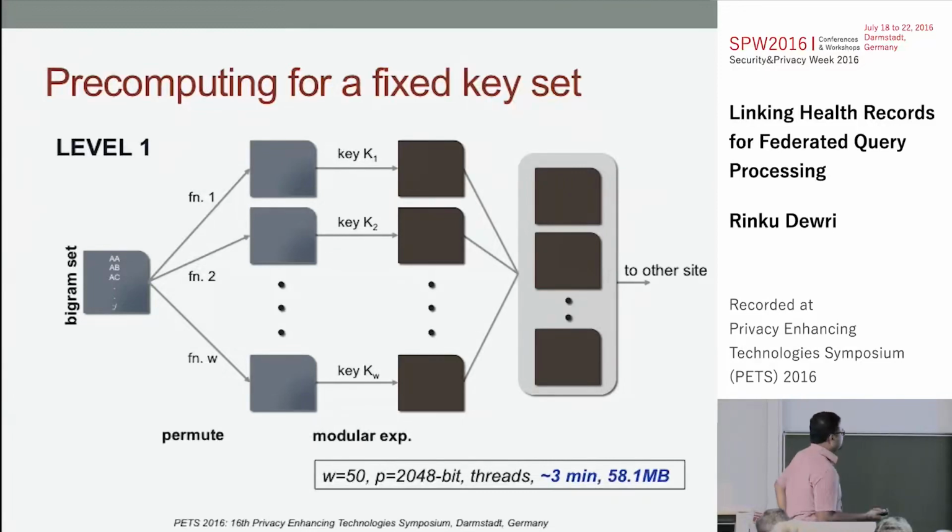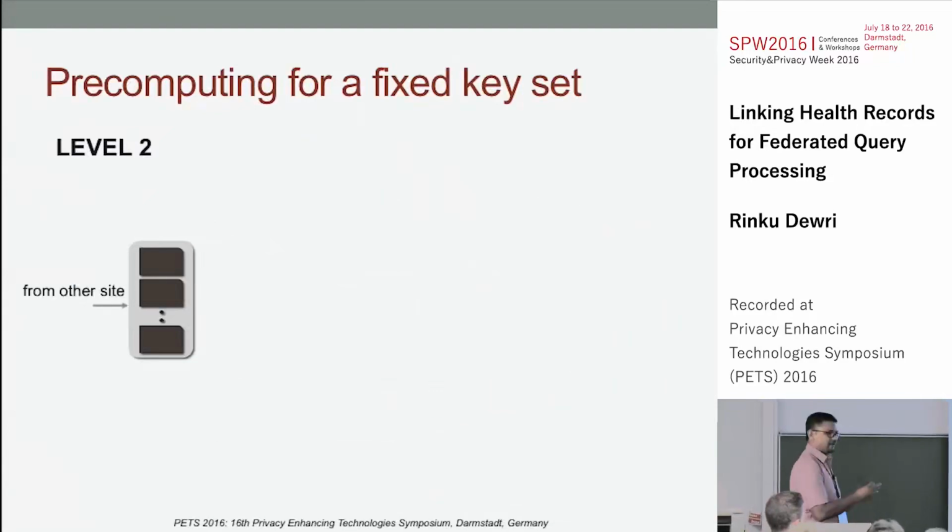Now, the time it takes to do level 1 output, if I am using 50 keys, 2048-bit primes, and 8 threads, is roughly 3 minutes, and it produces an output of 58 megabytes.